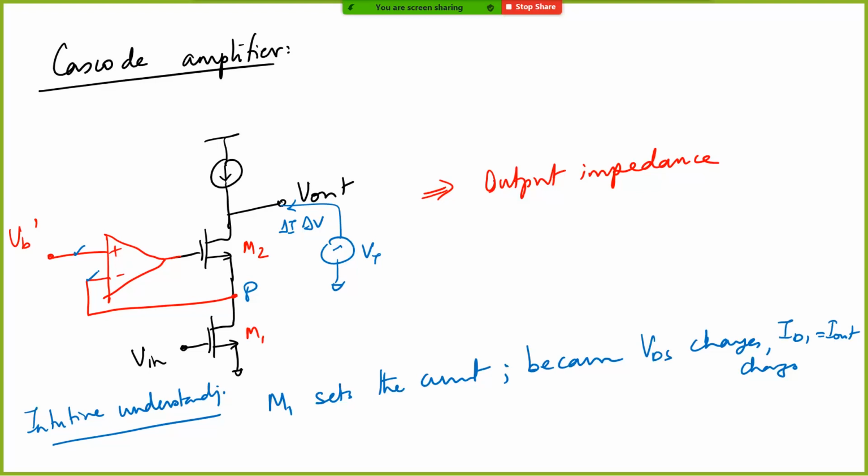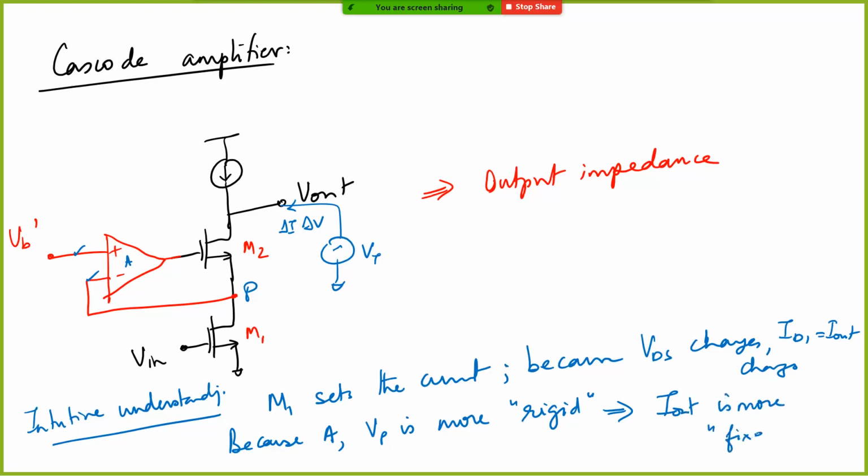So what is going to happen? Because of A, this is amplifier A, VP is more rigid. Okay, it doesn't easily change because of the changes at the output node. Which basically means that IOUT is more rigid or fixed. Which basically means what?